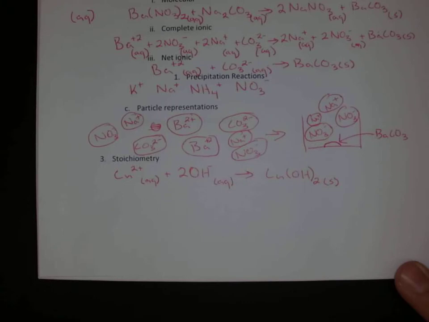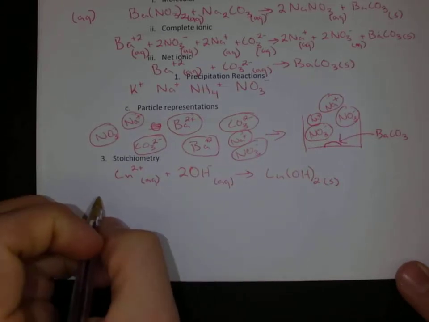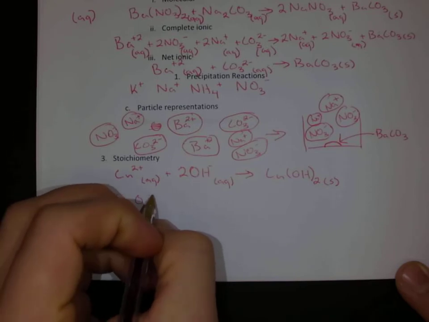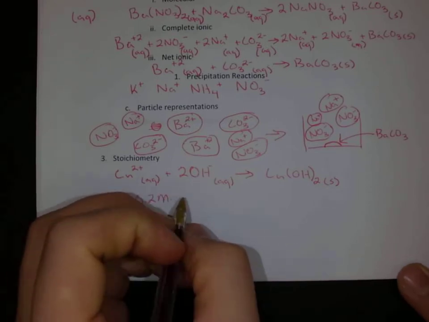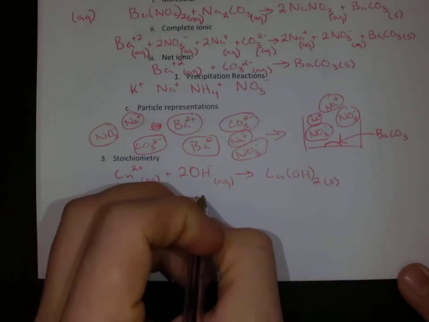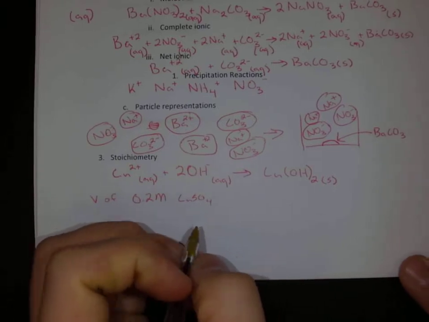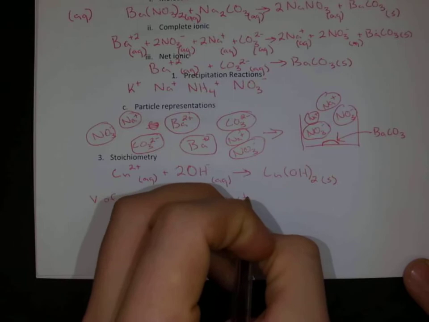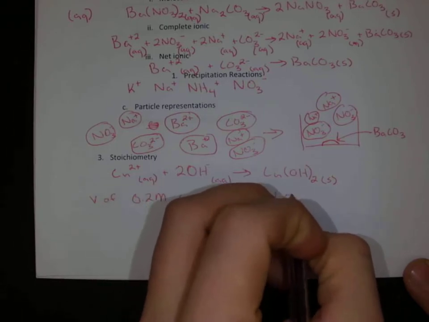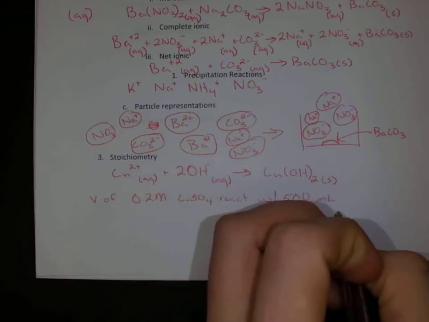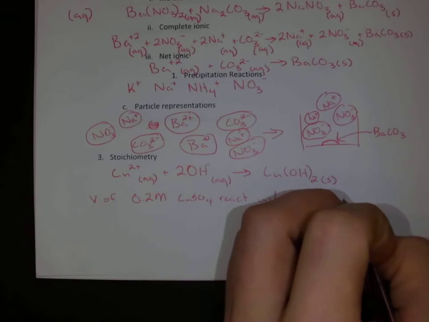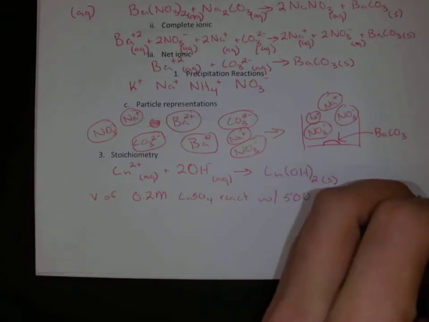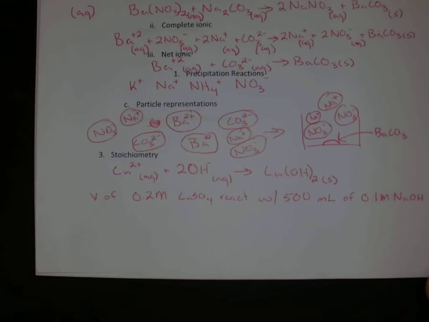So if I had a question that asked what volume of 0.2 molar copper sulfate is required to react with 500 milliliters of 0.1 molar NaOH. Okay?